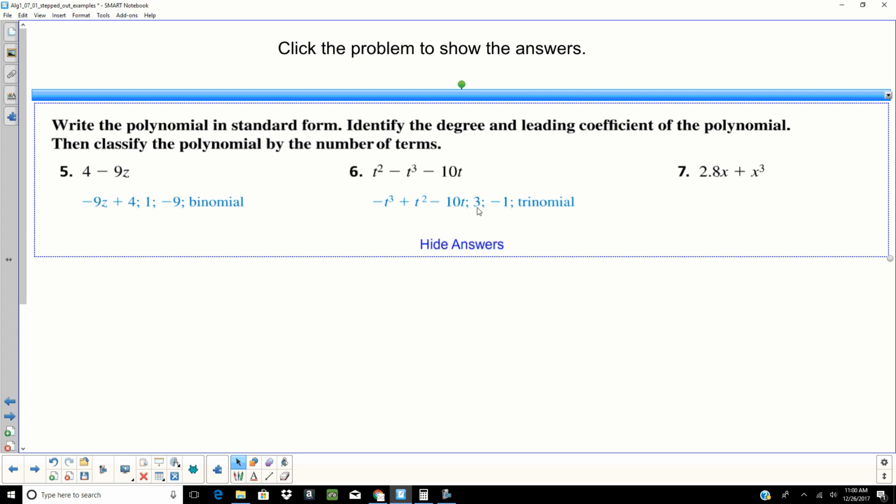So it's a trinomial. The leading degree is 3. The leading coefficient is negative 1. Here in standard form, that's going to be x cubed plus 2x. The degree is 3. The leading coefficient is 1, and that is a binomial.